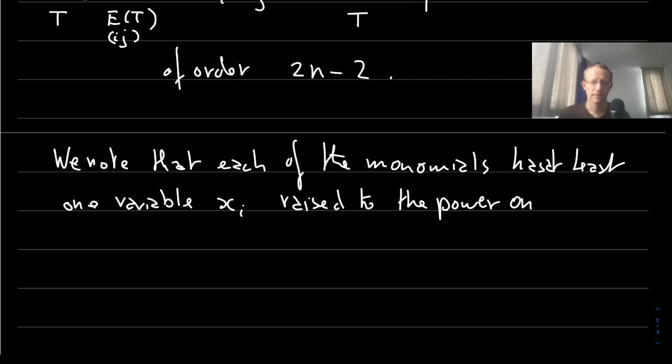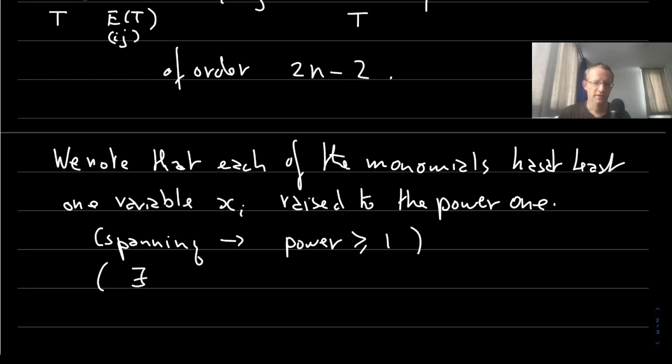Indeed, since it is spanning our tree, the power has to be larger or equal than 1. And then there must exist a leaf, namely a vertex where the tree ends, because otherwise I would have too many edges.